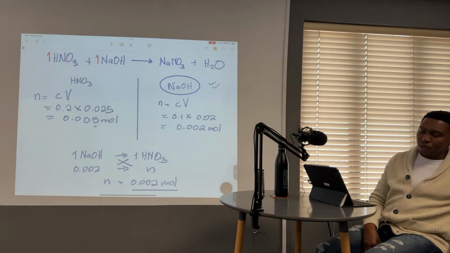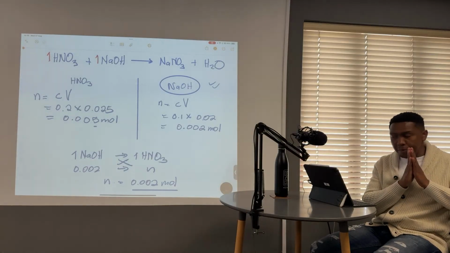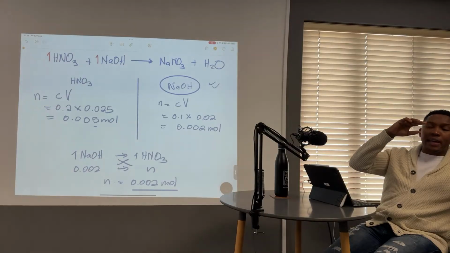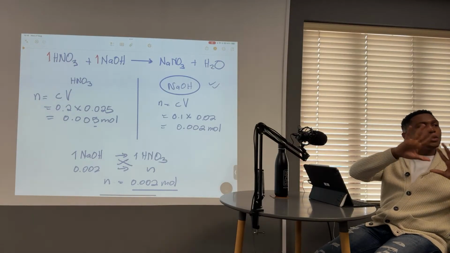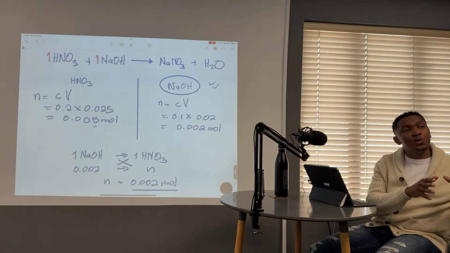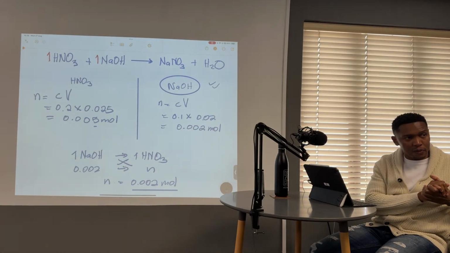So let me paint a picture. I know that an acid reacts completely with the base, or rather, is able to neutralize with the base.